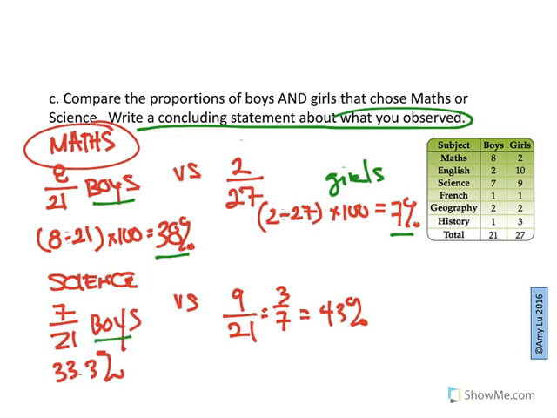Now if we look at science, boys who chose science were at 33.3%, whereas girls who chose science were at 43%. So, for example, one concluding statement you can say is that more boys chose maths over science, because 38% versus 33%. And you can also say more girls chose science than maths, because it's 43% versus 7%.